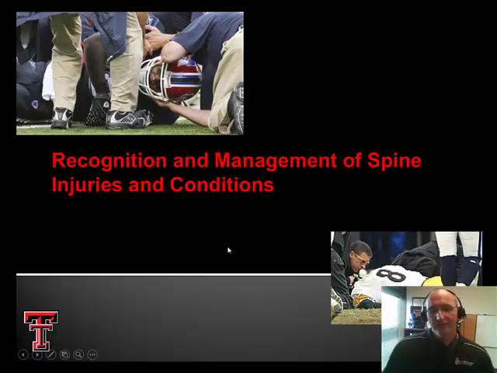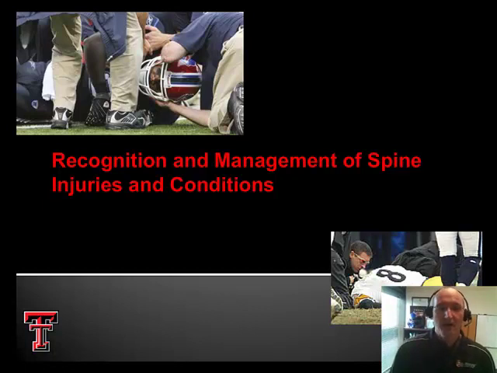Alright, so spinal injuries are some of the more frightening things we deal with as athletic trainers, because if we manage this inappropriately, it could very well lead to death or a very different life for the patient. So this is something we don't handle lightly.